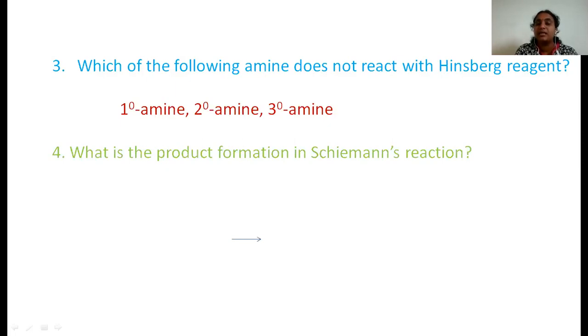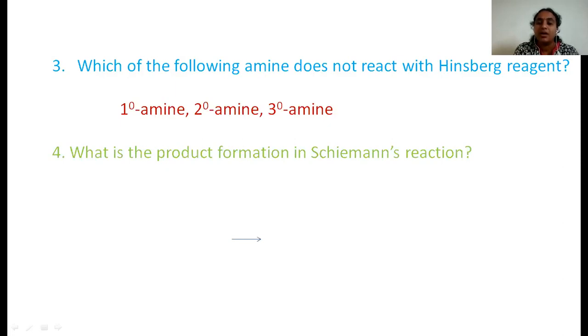Whereas in a tertiary amine, there is no proton on the nitrogen. Hence the tertiary amine won't react with the Hinsberg reagent, because in the tertiary amine the nitrogen doesn't have hydrogen.